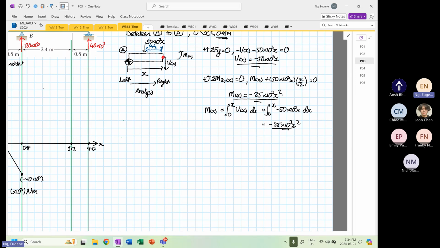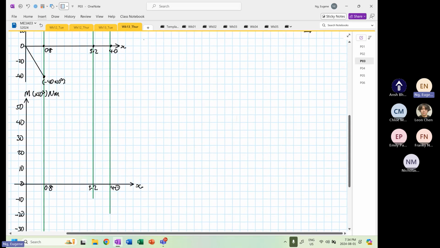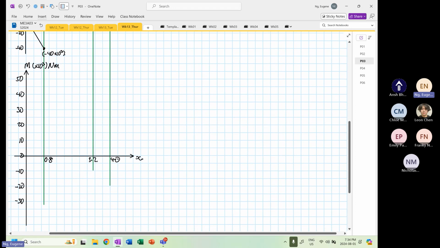what will happen when x is equal to 0.8?